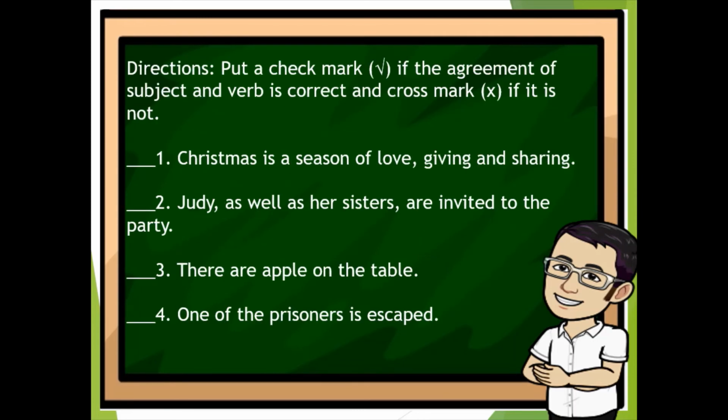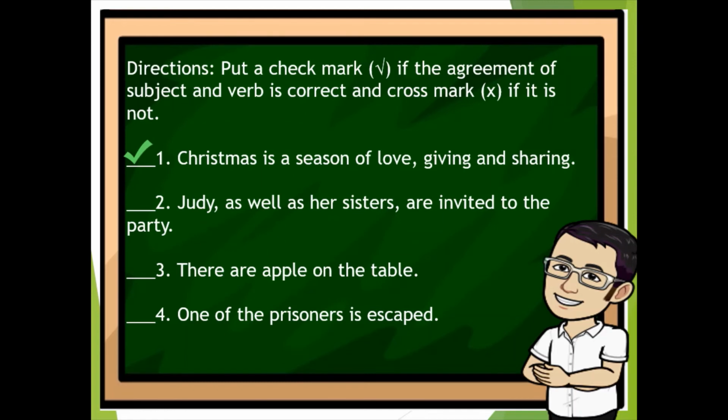Now it's time to reveal the right answers. Let's see if you got all the correct answers. Are you ready? So let's begin. Number 1. Christmas is a season of love, giving, and sharing. Answer? Check mark.